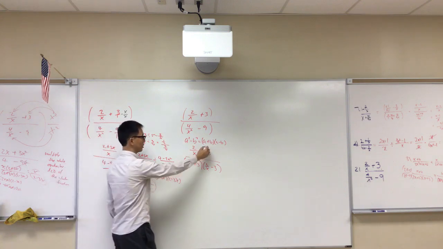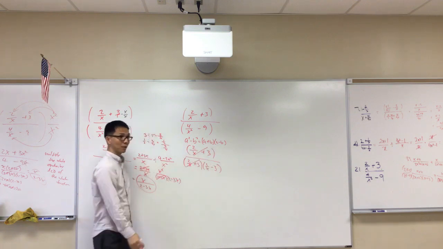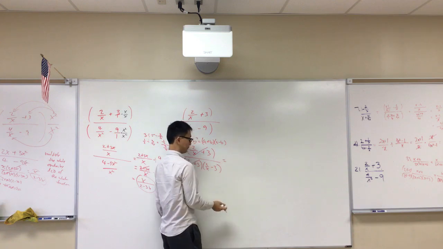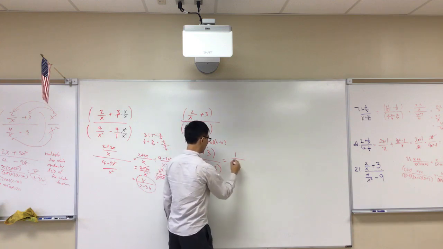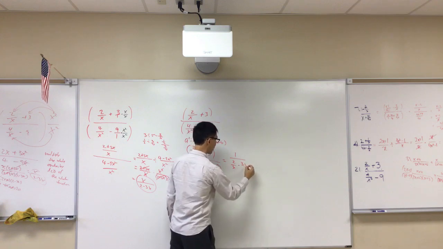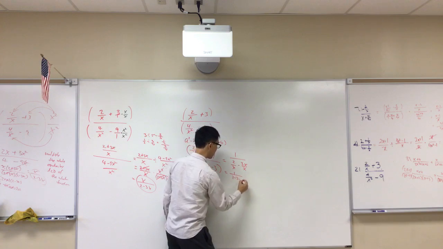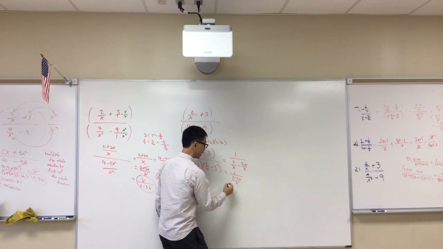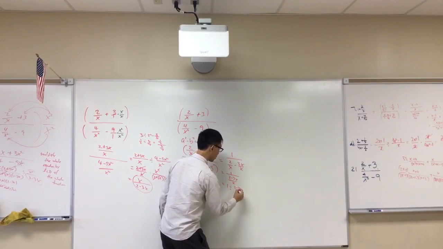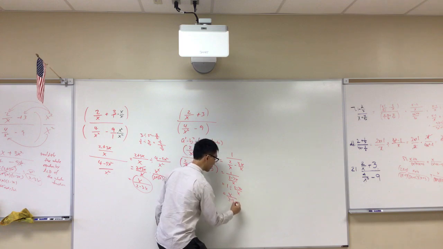Wow. This is a factor. Now you can cancel. Now it's equal to what? 1 over 2 over x minus 3. We're gonna have a common denominator, so x over x. So it's equal to 1 over 2 minus 3x over x. That means 1 divided by 2 minus 3x over x. That's equal to x over 2 minus 3x.